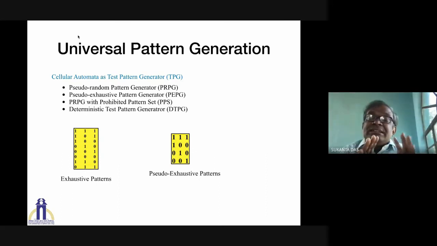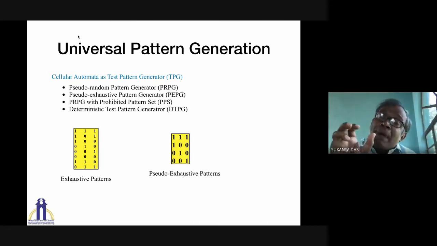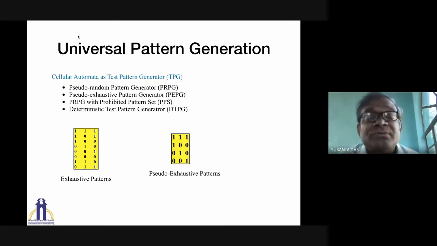So if you can design such non-uniform cellular automata, which are reversible, and in which some bits appear exhaustively, then you can use that cellular automata to generate these patterns.